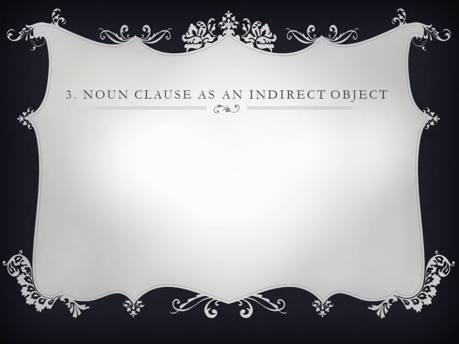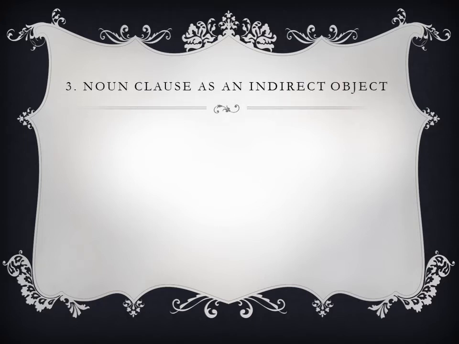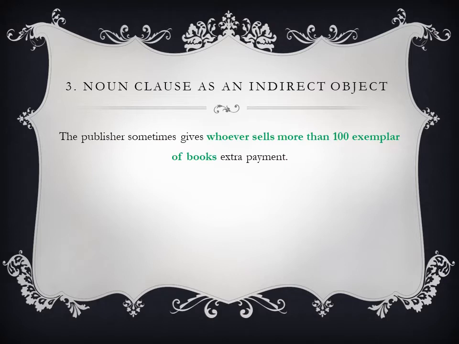Come to the third function of noun clause as an indirect object. An indirect object is the recipient of the direct object. Let's see the example. The publisher sometimes gives whoever sells more than 100 exemplars of books extra payment. Can you see which one is the indirect object? Great.